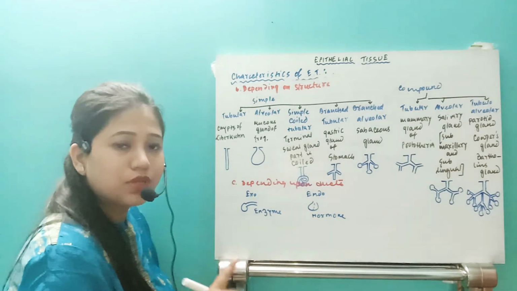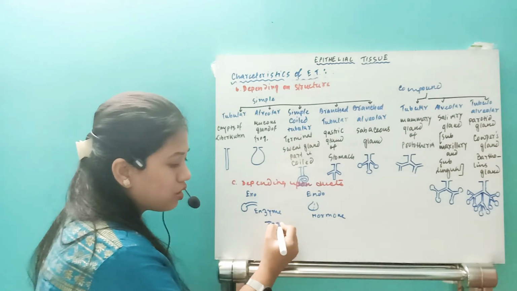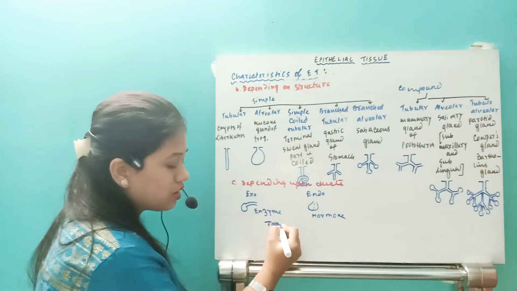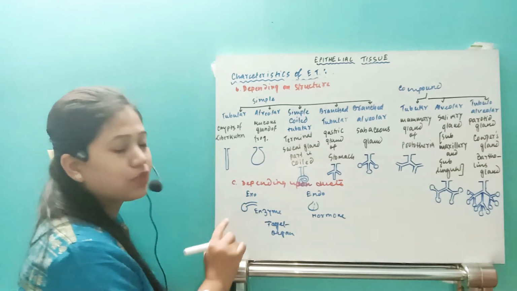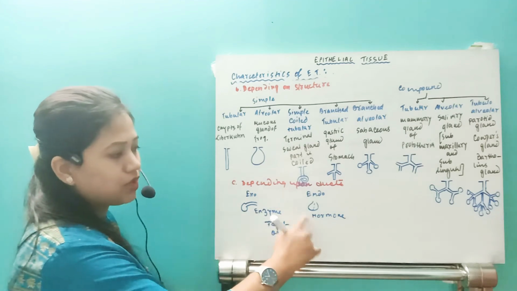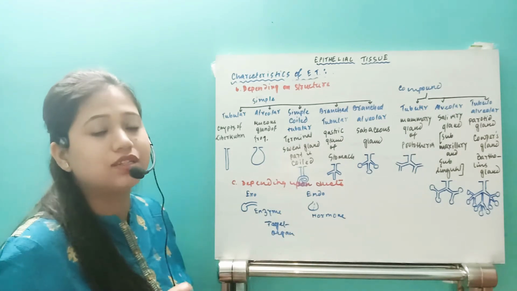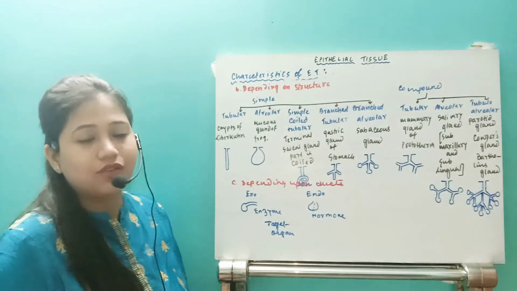Next one, for the exocrine gland, the target organ, where it is going to secrete its secretion, is very near to the gland. For the endocrine gland, the target organ will be present very far away from the gland. What is the reason?